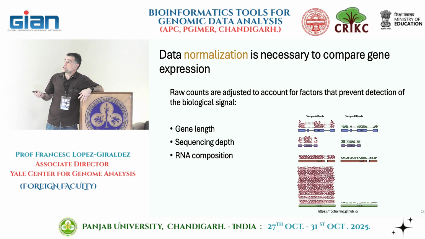The other thing is that for a short gene, you're going to get fewer reads than for a longer one, which is going to accumulate more reads across the gene length. And I'm going to talk about RNA composition later because it's the harder one to understand. But I'm assuming you understand the basics of gene length and sequencing depth, right? Why we would want to normalize for them. Yep.